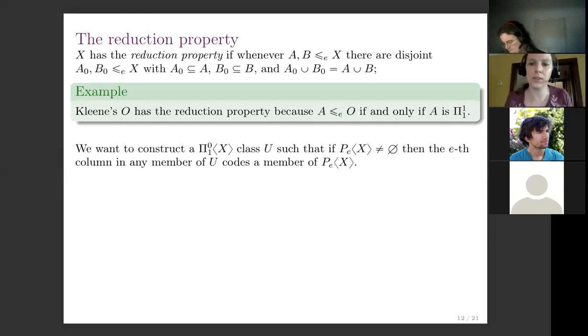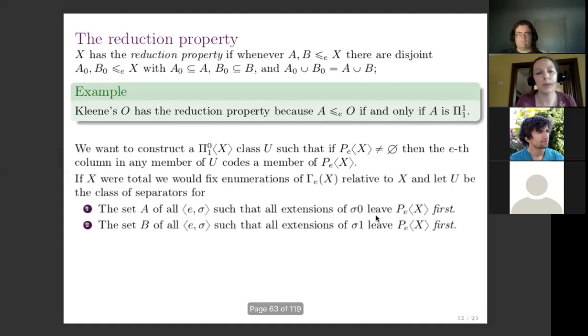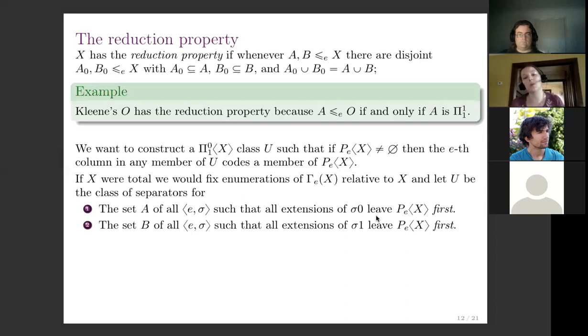So we want to construct it so that if the eth Pi^0_1 relative to X class is non-empty, then the eth column of U somehow codes a member of the eth Pi^0_1 class relative to X. So the kind of standard way we would approach it, if X were a total oracle, for example, is that we would fix an enumeration of the set that defines the eth Pi^0_1 relative to X class.